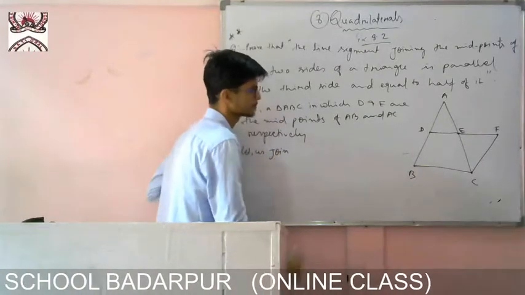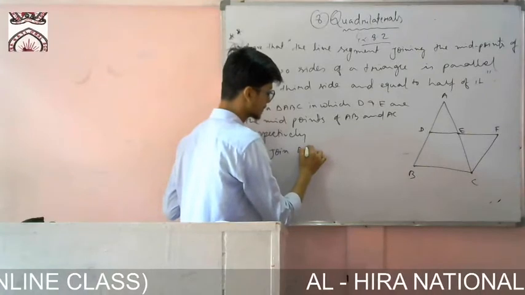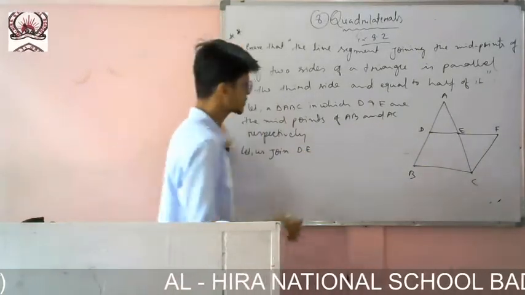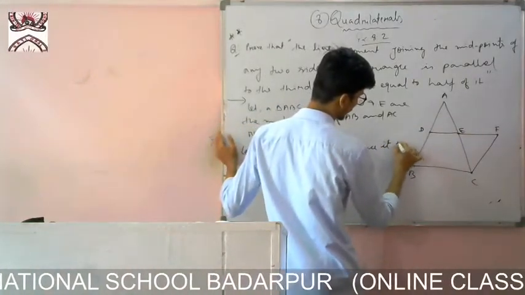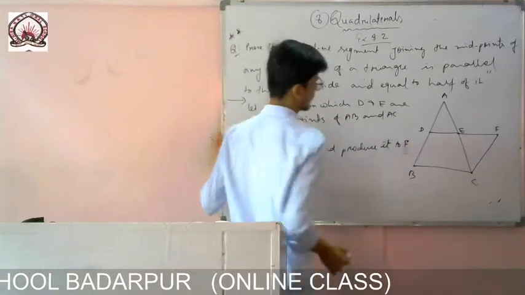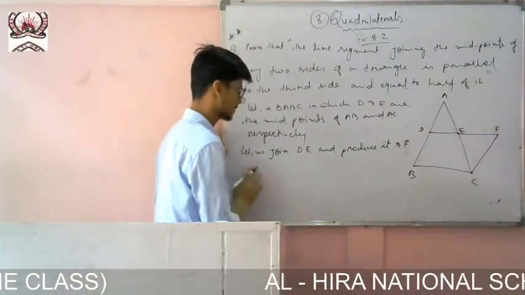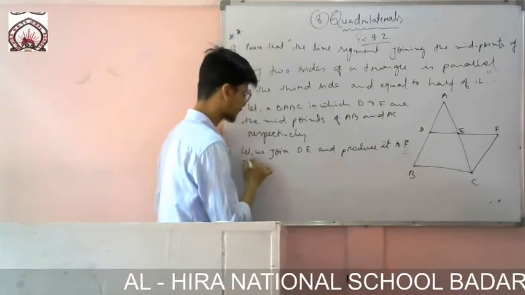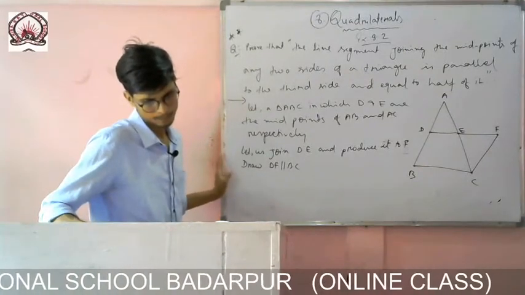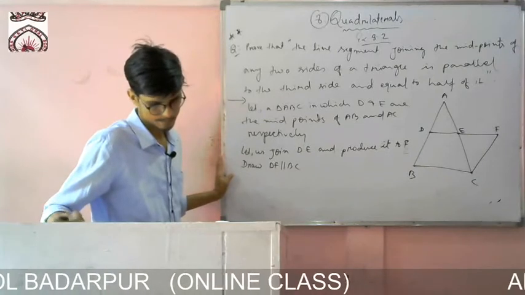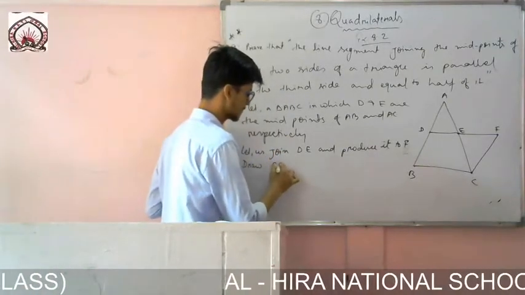Let us join DE and produce it to F. Draw CF parallel to AB.